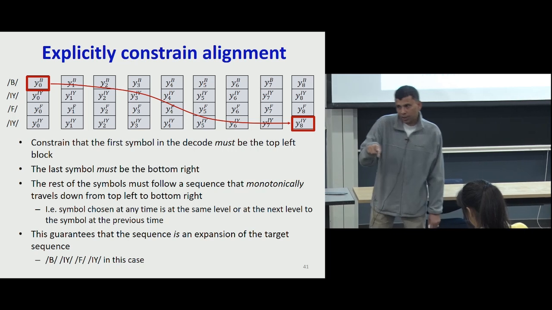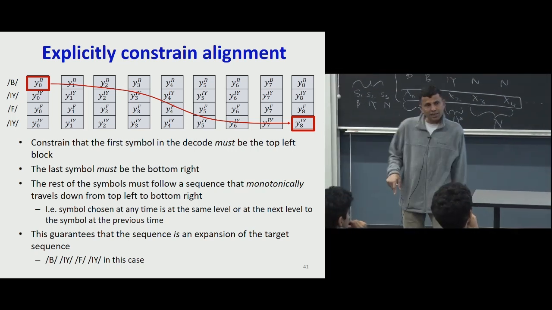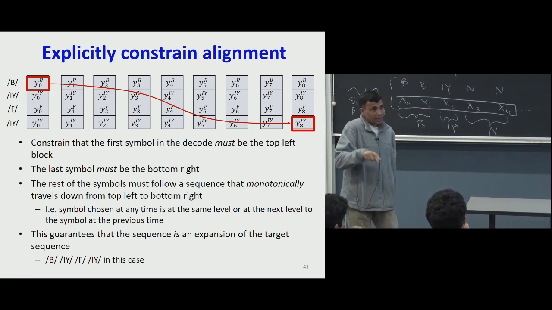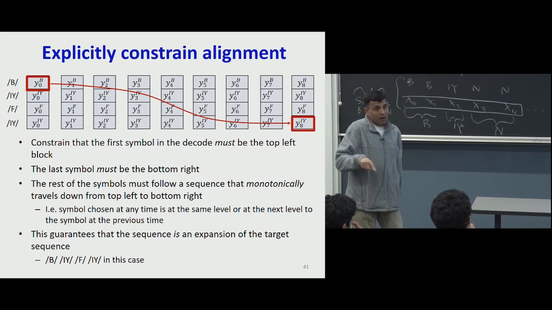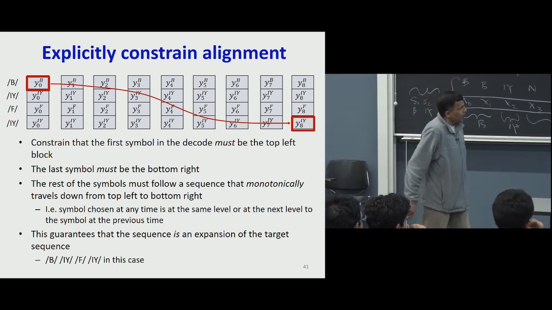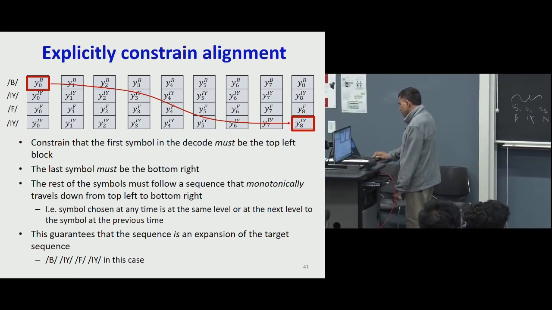So either a horizontal step or a one step down diagonally. And this ensures that I'm going to follow a path which actually gives me a valid instance of beefy and nothing else, right? And so this guarantees that the sequence is an expansion of the target sequence.